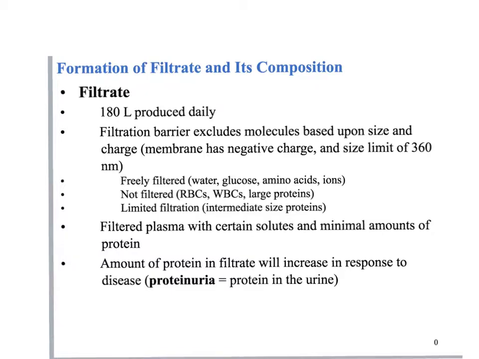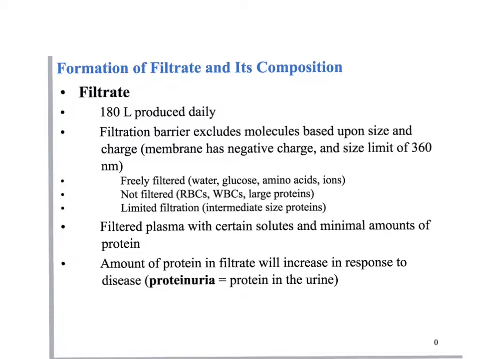You've got the molecules that are freely filtered, meaning that they pass through. That includes water, glucose, amino acids, ions, etc. Okay? You have things that are not filtered, they stay in the blood: white blood cells, red blood cells, platelets, large proteins. And then you get those things that are intermediate. Sometimes they get through, sometimes they don't. They're intermediate-size proteins. Okay?